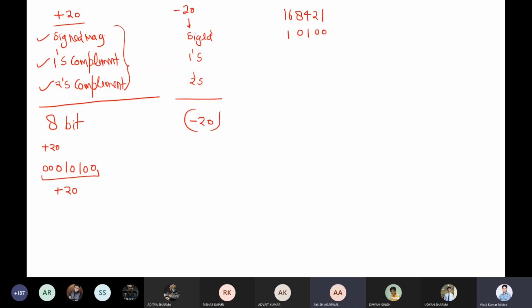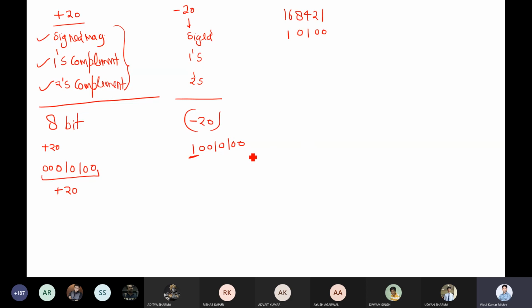Cool. So now if we want to represent minus 20, what will happen? In case of sign magnitude, it will become 1 0 0 1 0 1 0 0. The first bit represents the negative sign, right?